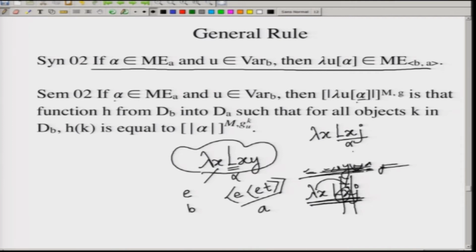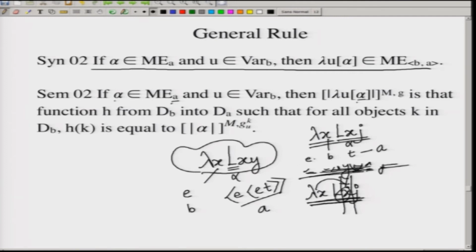Its type is actually T, which in our case is A, right? So this is A, and then this whole expression, and if the variable belongs to the type B, what is B here?